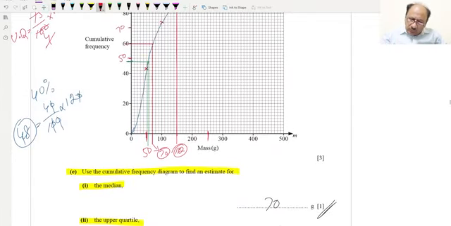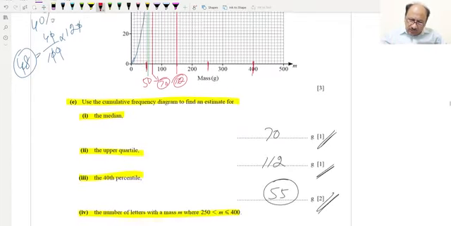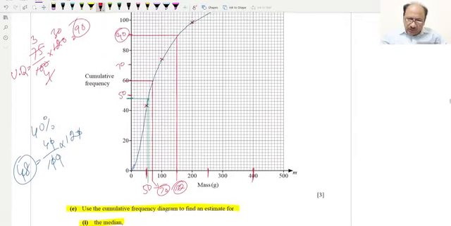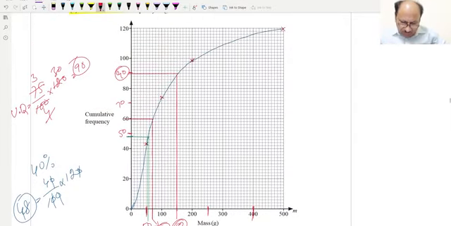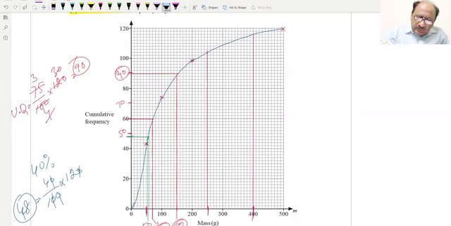So 400 will be this one, and if we join these references with the curve like this, and from here also we can join over here. So this will be basically our portion which we are looking for.